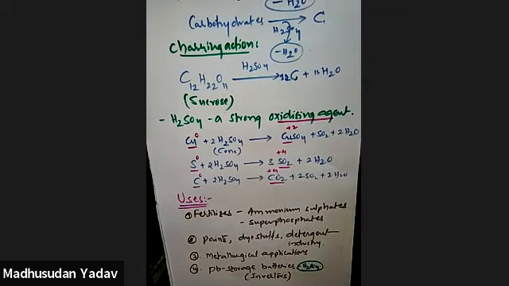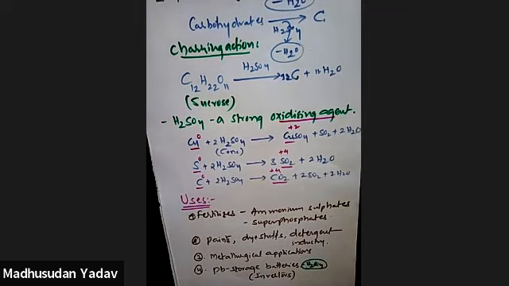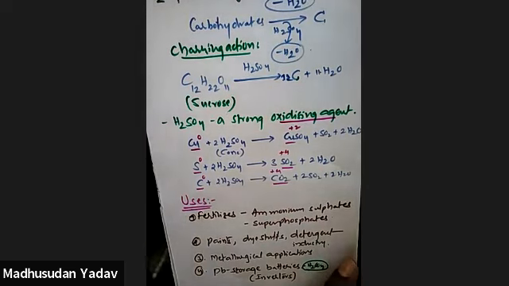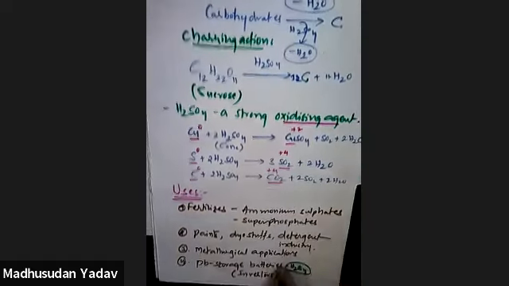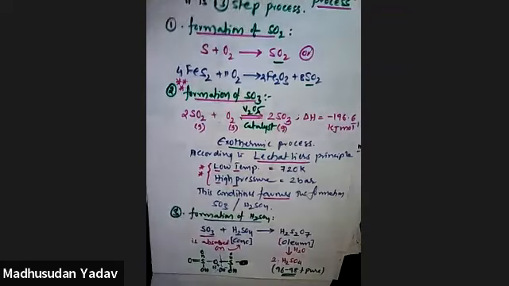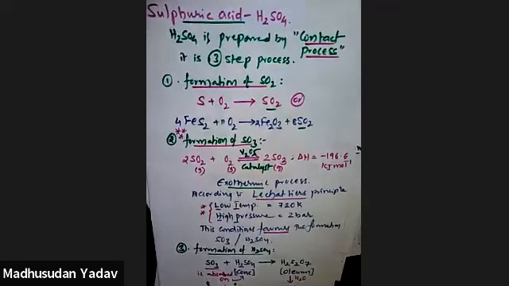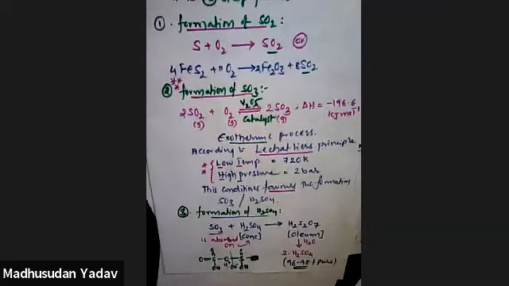Okay guys, with this your 16th group elements chapter is completed. What we have done in today's session of the 16th group: sulfuric acid uses and its chemical properties, the chemical properties Ka1 and Ka2, and the sulfuric acid preparation method by using the contact process, which involves 3 steps.